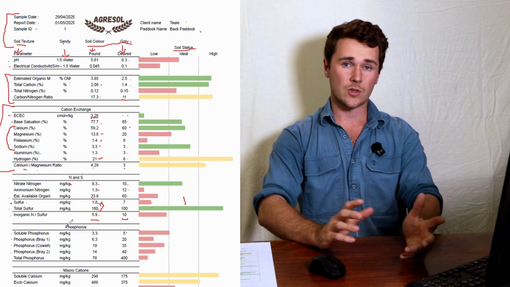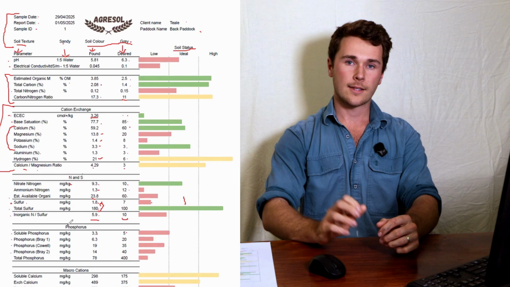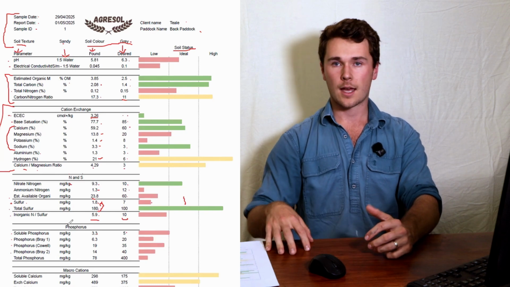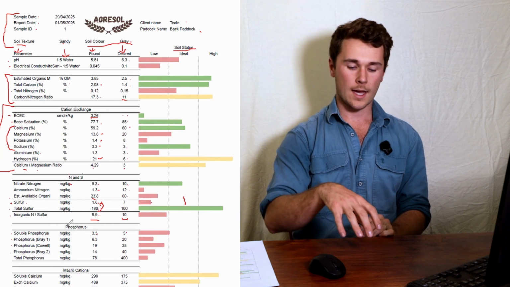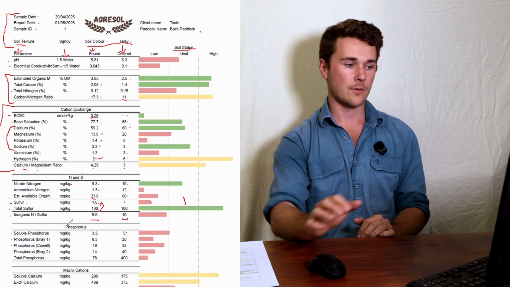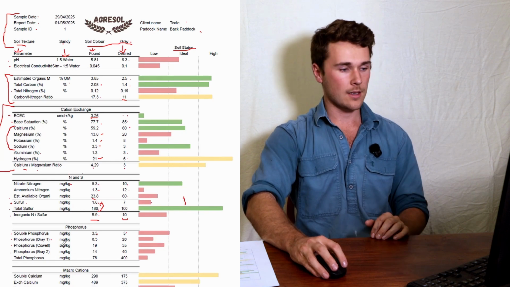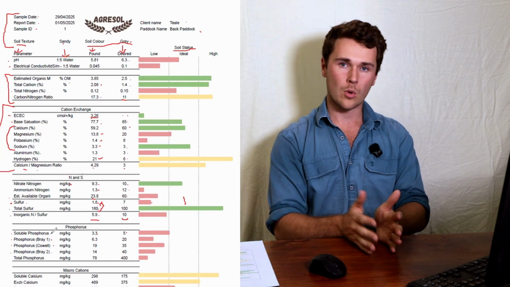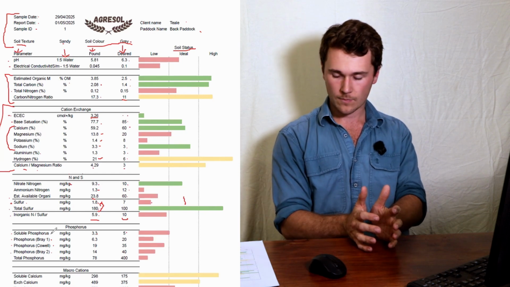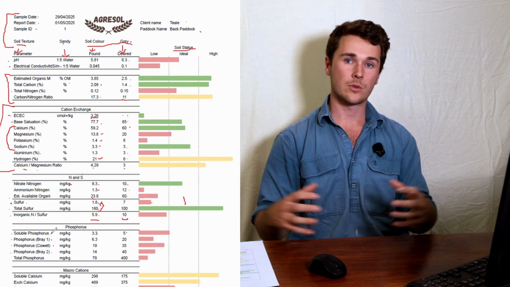Now phosphorus is a really interesting one because it locks up and becomes fixed very easily. And so different extraction techniques aim to give us a better understanding of the availability of phosphorus at different times. So we have our Bray 1, which is the most gentle extraction technique. We have our Cowell and our Bray 2, getting more and more harsh and explaining the availability of different minerals in terms of harshness or difficulty to extract.